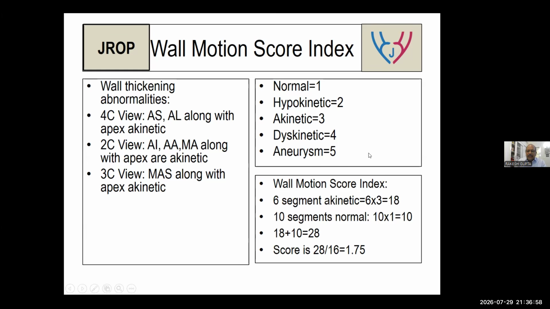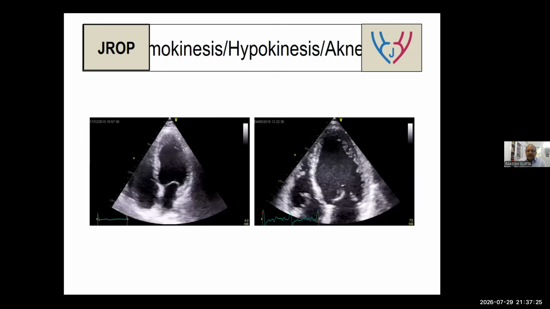But as the score increases over a period of time, the segments become akinetic, dyskinetic, or aneurysmal. Let's think we have one segment which is akinetic and one segment which is aneurysmal, then 3 plus 5 is 8, 14 plus 8 is 22, and 22 divided by 16 would be the wall motion score index.